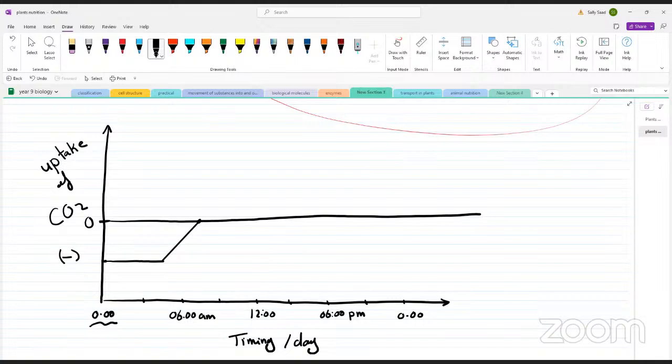What does zero uptake mean? It means no photosynthesis, no respiration? No, there is photosynthesis and there is respiration, but at an equal rate. The amount of carbon dioxide produced by respiration equals the amount used in photosynthesis, and this point is called the compensation point, where the rate of respiration equals the rate of photosynthesis.